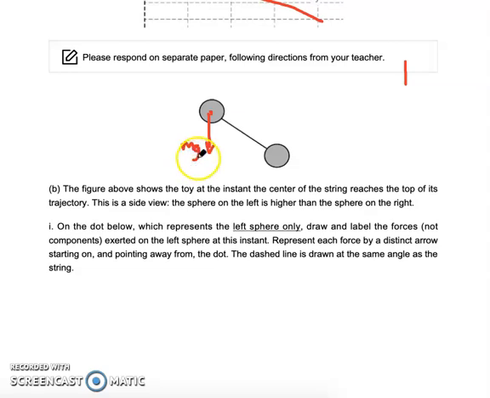Is there anything else acting on a sphere? And the answer is yes. There's going to be tension coming from the string that's holding them together. Okay, so it's as simple as that. We don't have to worry about breaking this into components. We're not interested in the right sphere. Technically, the left sphere is pulling the right sphere. So if they were to ask you about the right sphere, you'd have this and you'd have that, very similar.